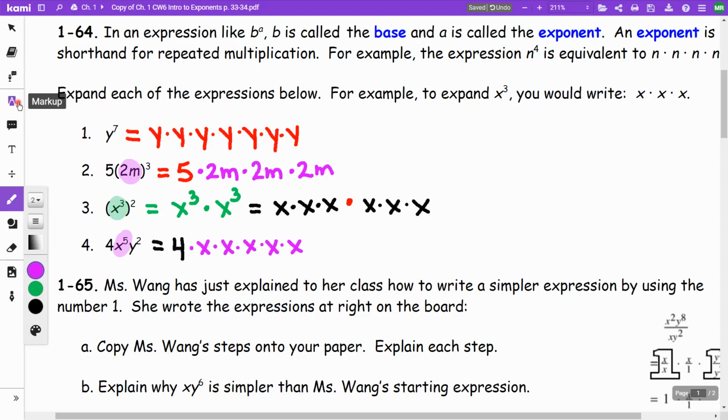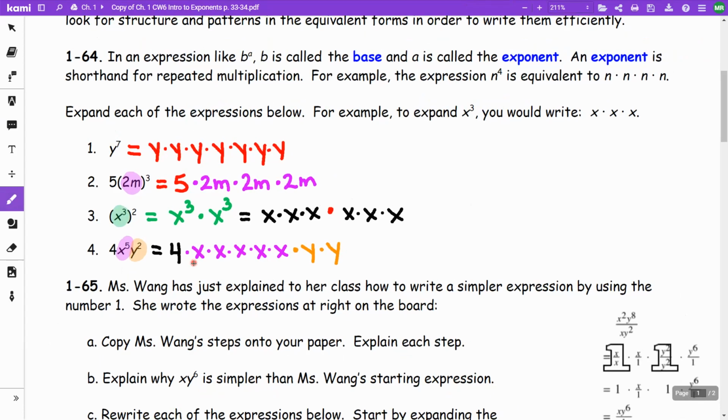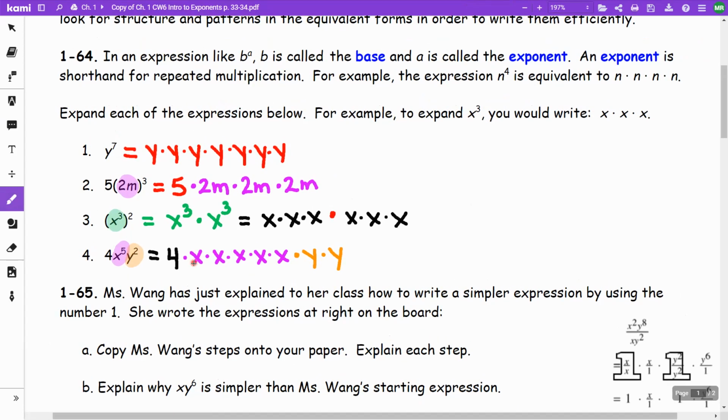And then the y to the 2nd is going to be a y times a y. So this is how it would be written in expanded form.